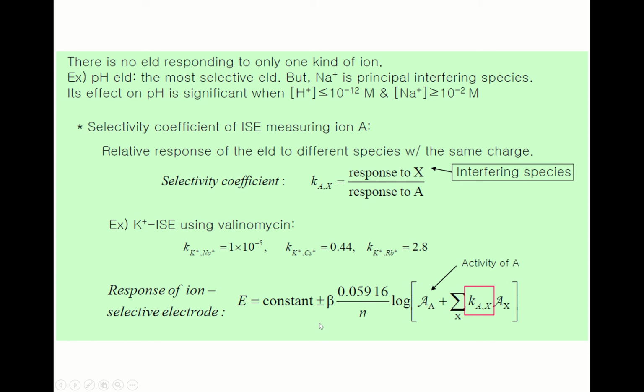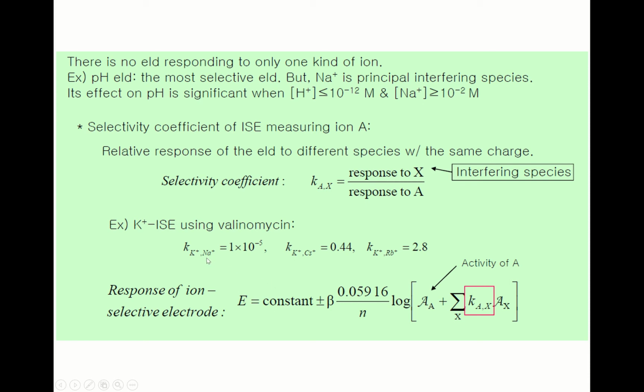Here is an example, a potassium ion selective electrode. Valinomycin is a very famous ionophore for measuring potassium ion. But not only potassium ion, valinomycin also responds to sodium ion.